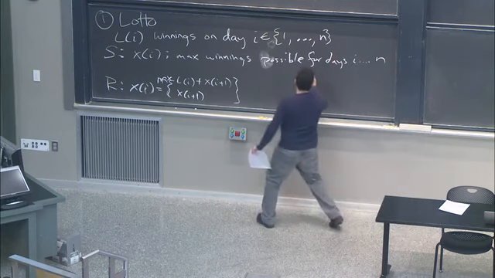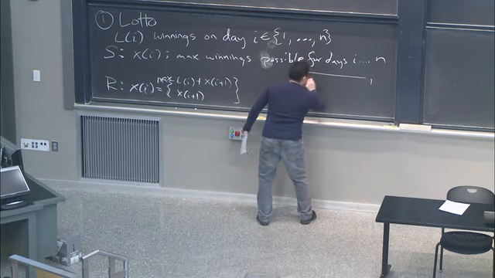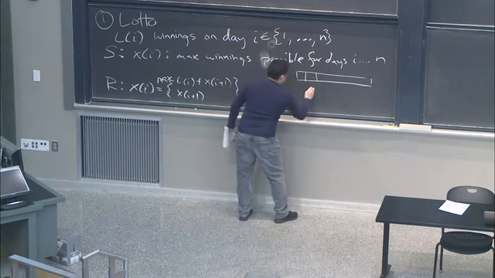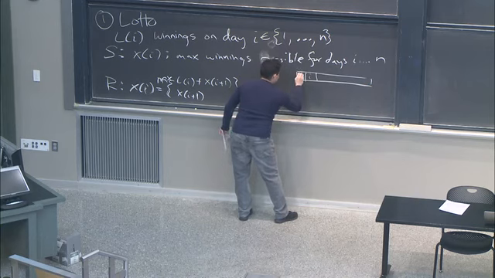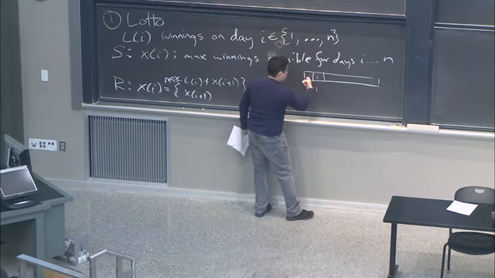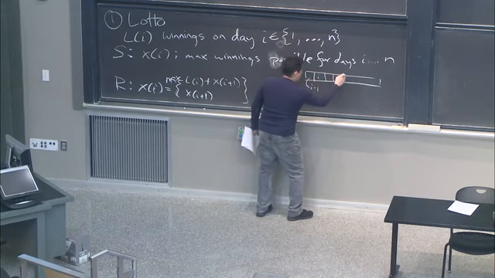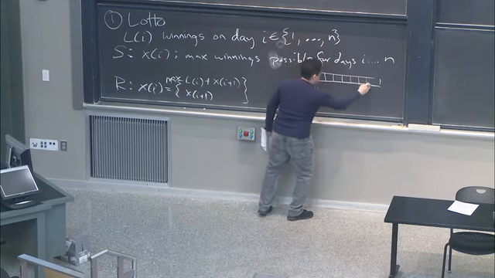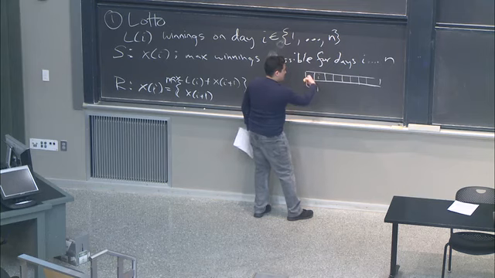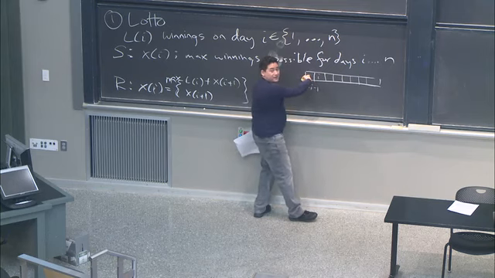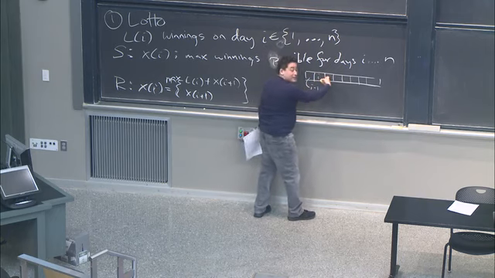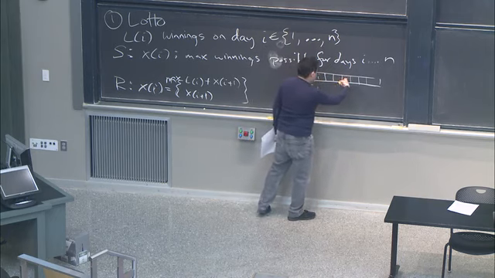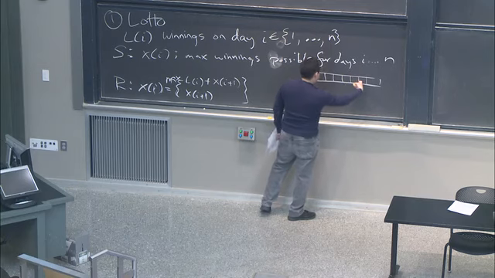So let's do this precisely. This is i minus 1. I have a 7-day period, 1, 2, 3, 4, 5, 6, 7. If I played the lottery here and I played the lottery here, then I'm not allowed to play here, not here, not here, not here.